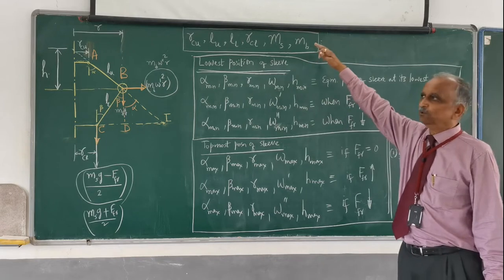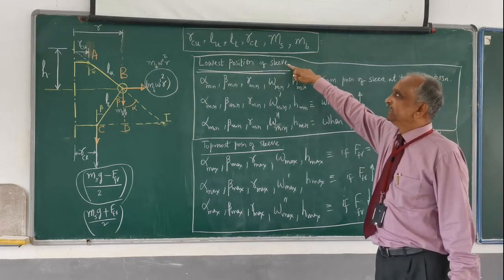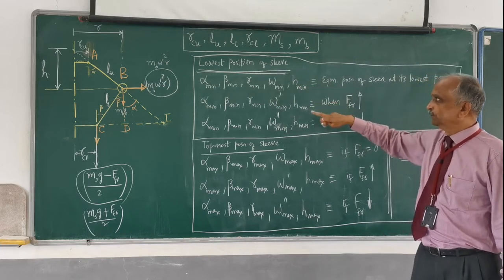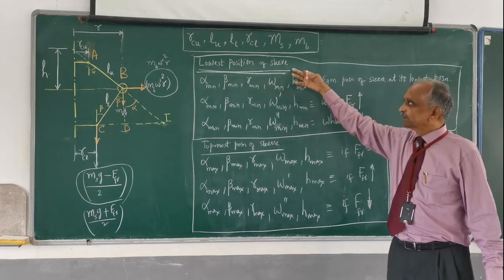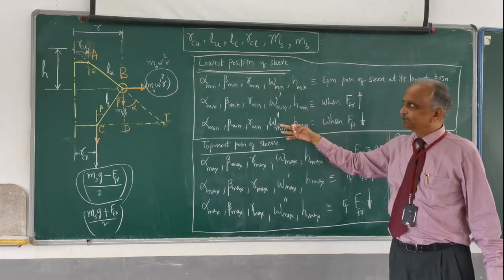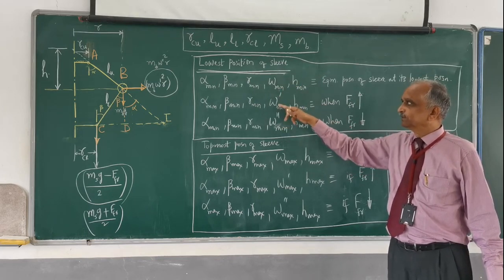So minimum speed will occur whenever the sleeve is at the lowest position. At the lowest position of the sleeve you have three speeds: omega minimum, omega minimum dash and omega minimum double dash. Omega minimum is always between these two.